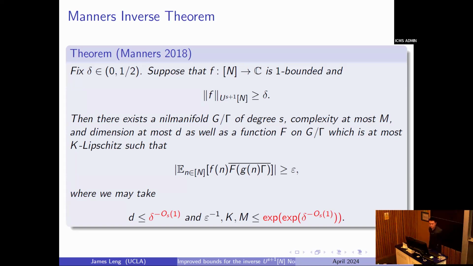For quantitative bounds, we have the first work of Freddie Manners in 2018, which basically states that we may take this dimension parameter to be polynomial in delta and all the other parameters to be double exponential.